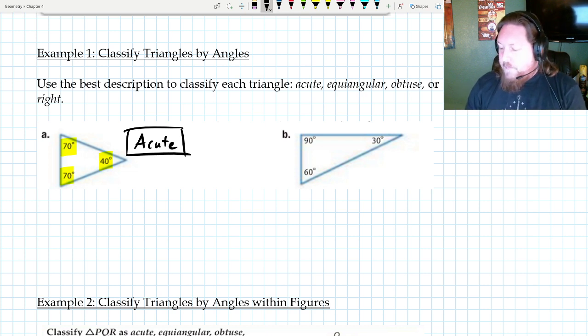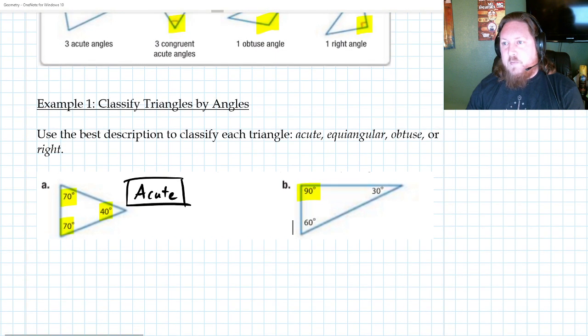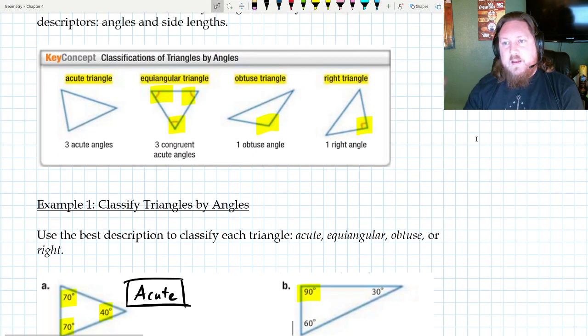On part B, I have 30 and 60, which are both less than 90, so I'm like two-thirds of the way there to an acute. But if you notice, that last angle is 90 degrees, and the big distinction between obtuse and right angle triangles is if I have one right angle, it's a right triangle.